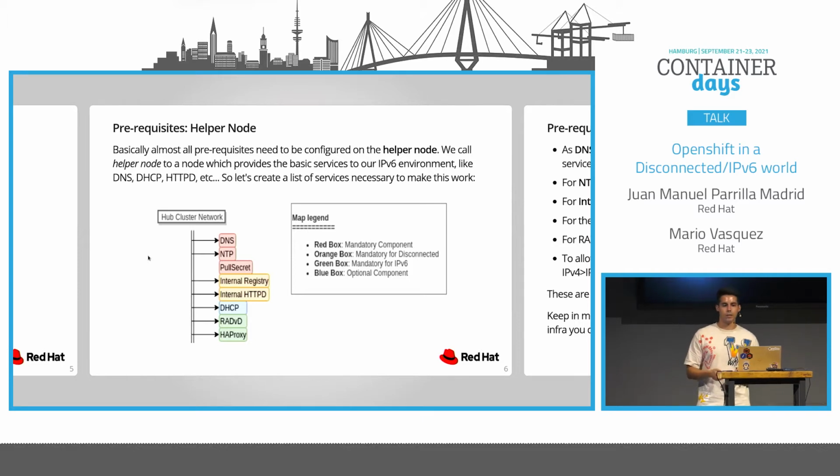Then we need an internal HTTPD server. In case you don't know, Openshift uses Red Hat CoreOS as the base operating system, and we will require a mirror of those operating system images on an internal HTTPD server. Then finally, we need a DHCP server. And then for IPv6, we will need 2 other services, which are radvd, which in our case is used for sending router advertisements, and HAProxy, which we use for running IPv4 to IPv6 translations.